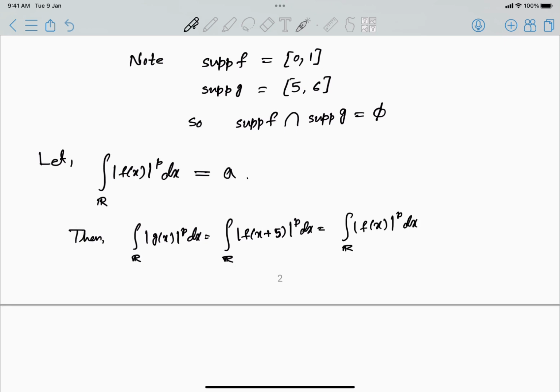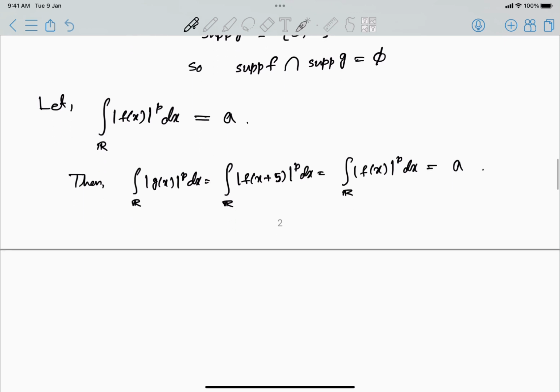So this is again a, and we get both integrals of f and g to be a. So we have shown f is continuous and both integrals are finite, so f and g belong to X.